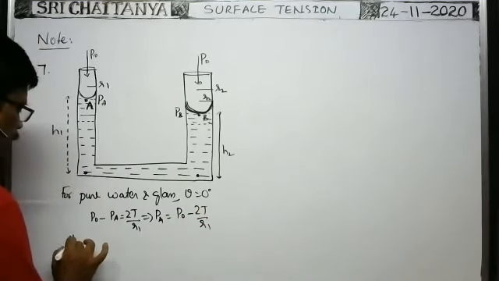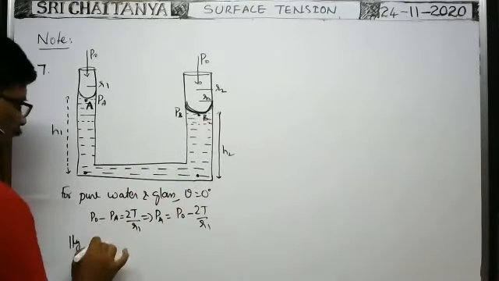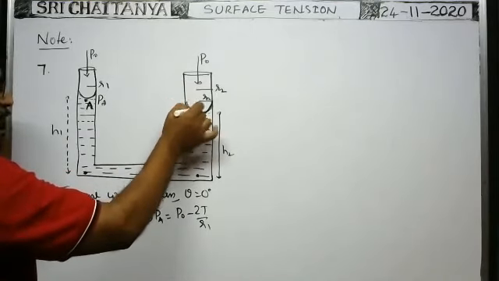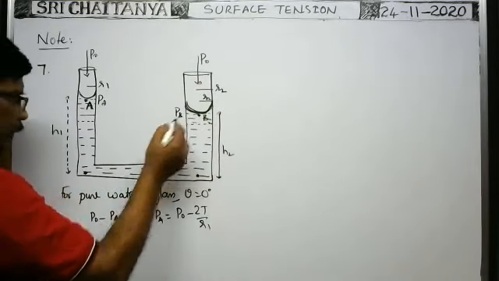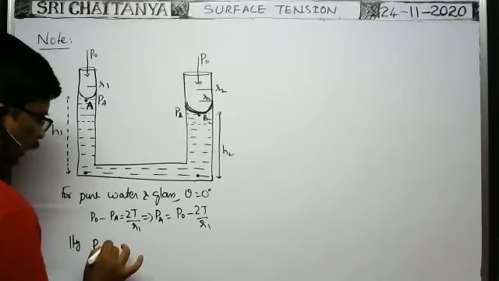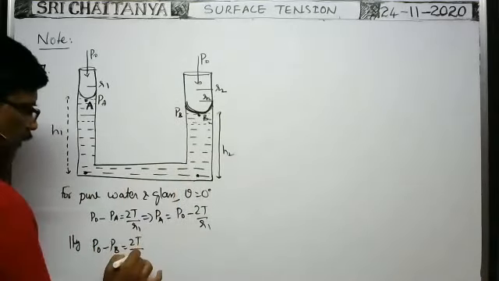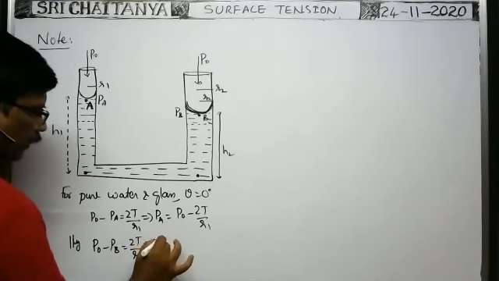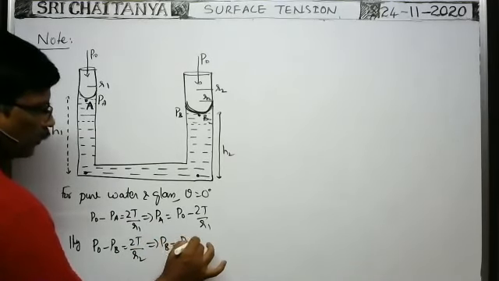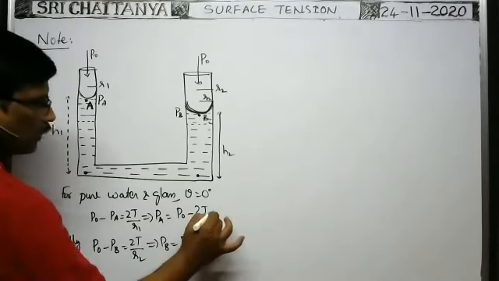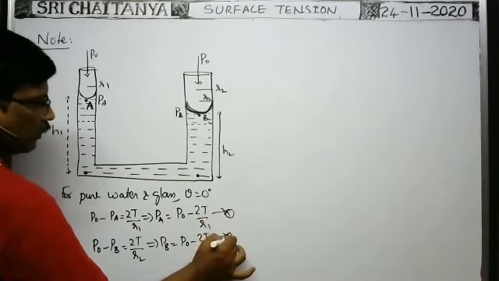Similarly, at this point it is also depressed, so the pressure P naught is greater than the pressure at B. So P naught minus PB is equal to 2T by R2, which implies PB is equal to P naught minus 2T by R2. This is equation 1, and this is equation 2.